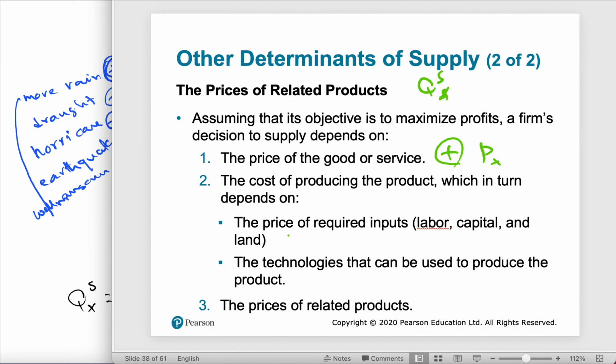If it is cheaper, shift to the right. If it is more expensive, shift to the left. So it is positive or negative. And technology also, usually improvement of the technology, we refer to as positive.